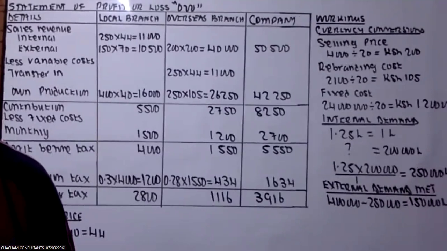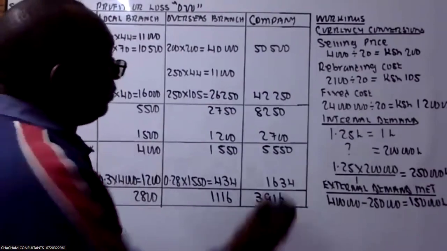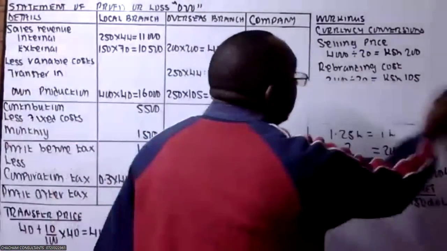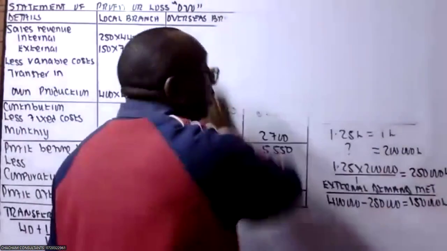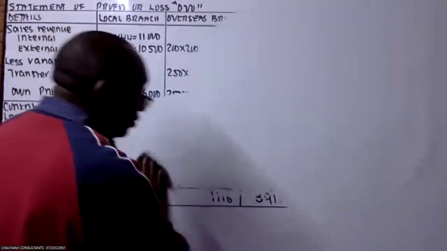Okay, so if we are good there, let's cross over to question 3, which is asking us part A, distinguish between sunk costs and opportunity costs. Sunk costs. Now sunk ni ile ishazama hiyo.